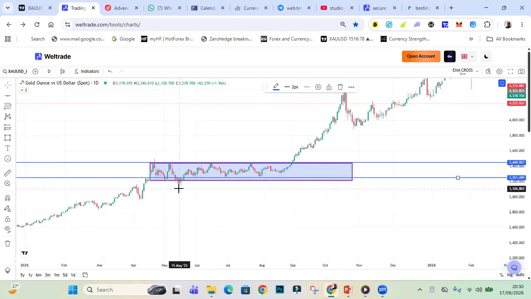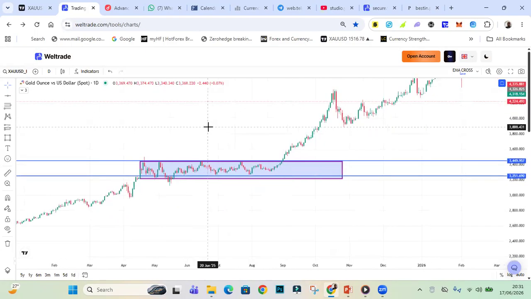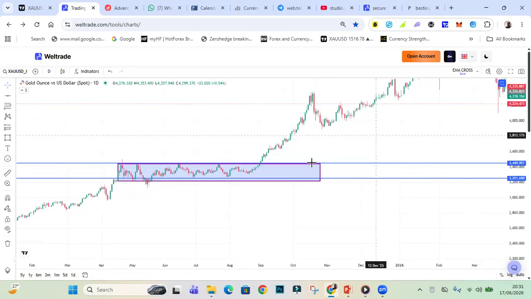So this one breakout, sometimes we can call this a fake out. The market is not ready to move yet, but it was able to push out and it came back in. So this became the second time, third time, fourth time, before the market finally went up. So this is support. When we talk about support, support is a level where price holds each time price comes to that place. Now you can see how many times price actually hit this level before it broke through.